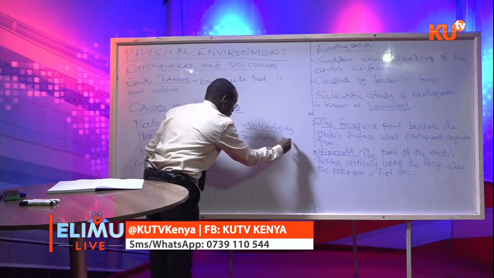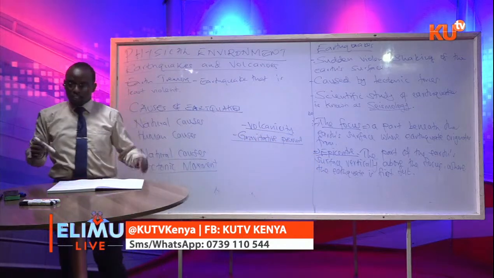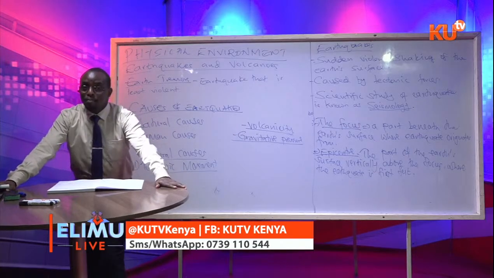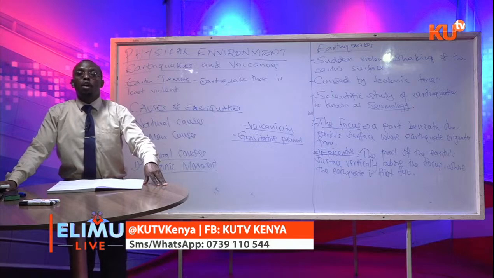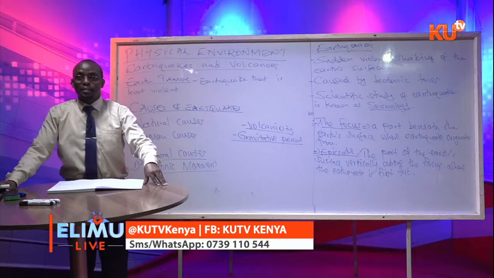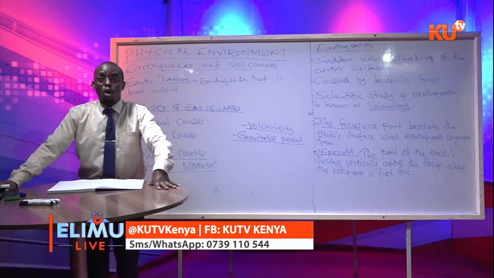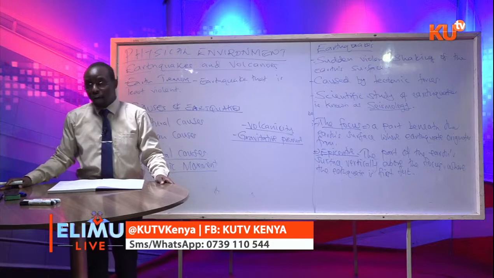Gravitative pressure. Now, gravitative pressure is the pressure exhibited by the earth, whereby the earth is always pulling all objects towards its center. Gravitational force is more intense as you move to the interior of the earth.